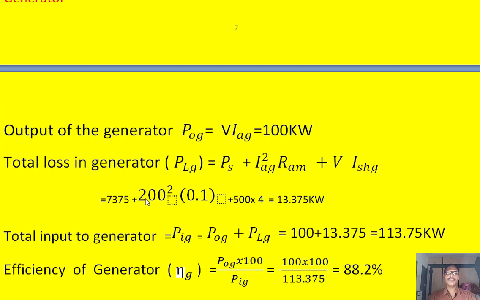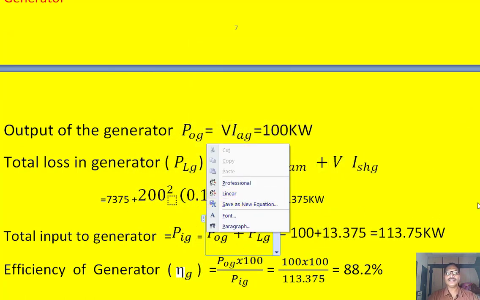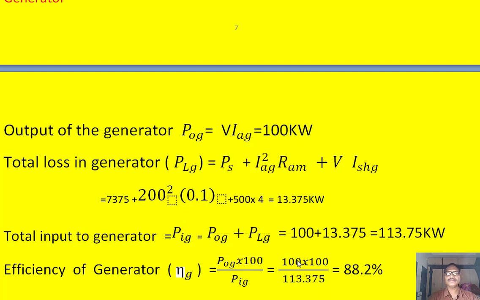Then substitute the values, that is 7375 watts plus 200 square into 0.1 plus 500 into 4. After simplification we get 13.375 kilowatts as the total loss of the generator.